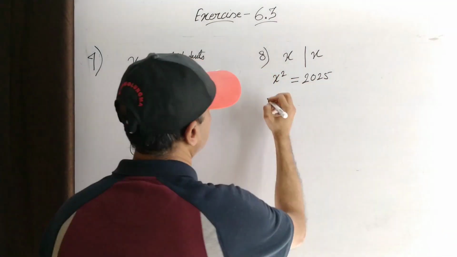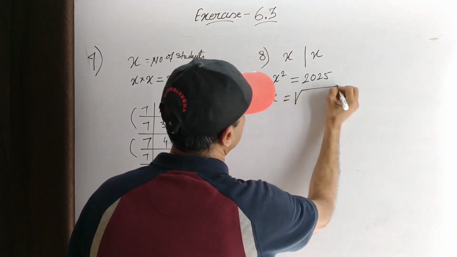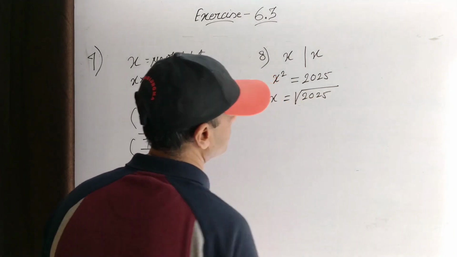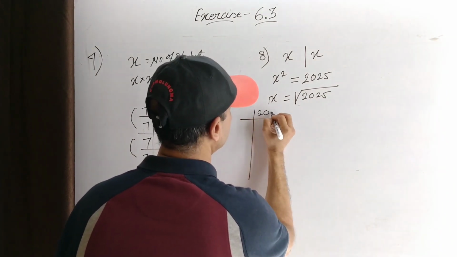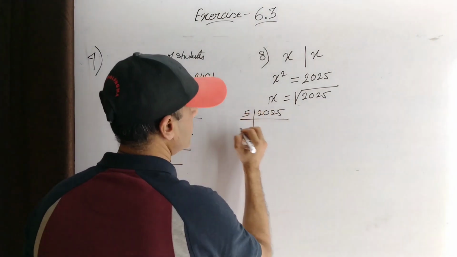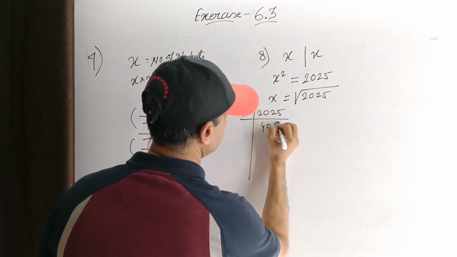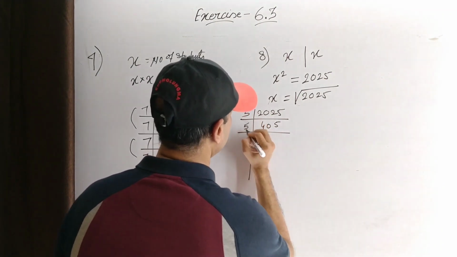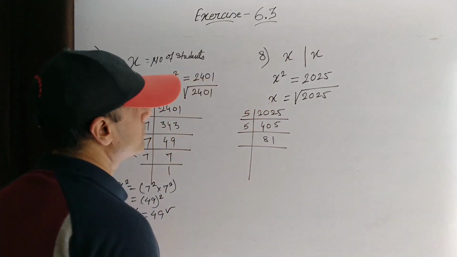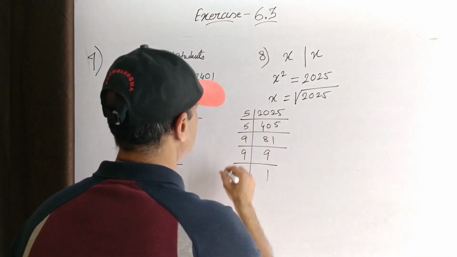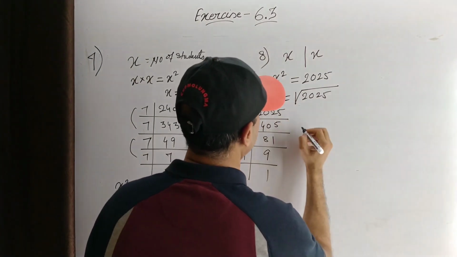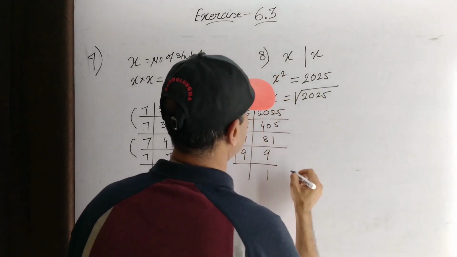Clear? So we'll get x is equal to root of 2025. So let's factorize this. 2025, 5, 405, again 5, 81. We can take 9, 9. Pair in pair. So we got x square.